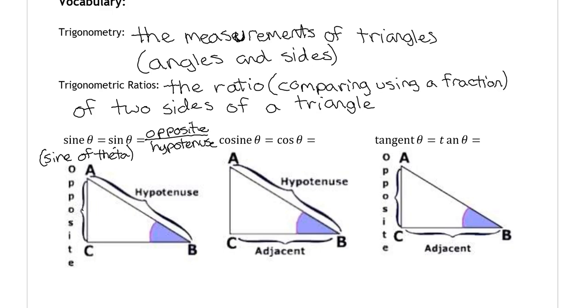Cosine. Cosine of theta, it's abbreviated COS, still pronounced cosine. And the cosine of theta compares the adjacent side to the hypotenuse side.